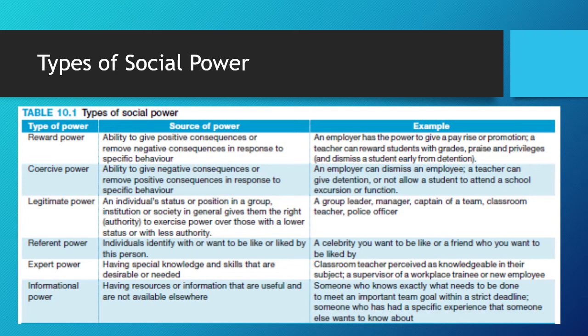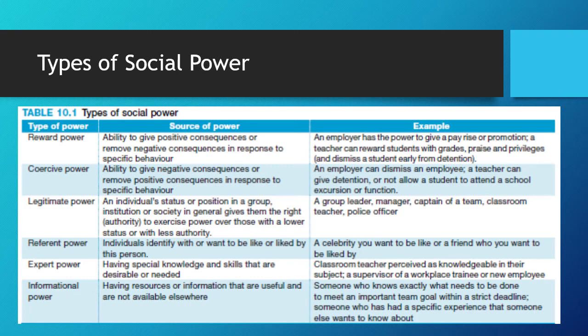So it could be, you know, a police officer, a teacher, army, whatever, right? So with legitimate power, they have the ability to exercise their power, and there's not much that you can do to change it. So I have the authority to give out detentions, whereas other people do not, right?